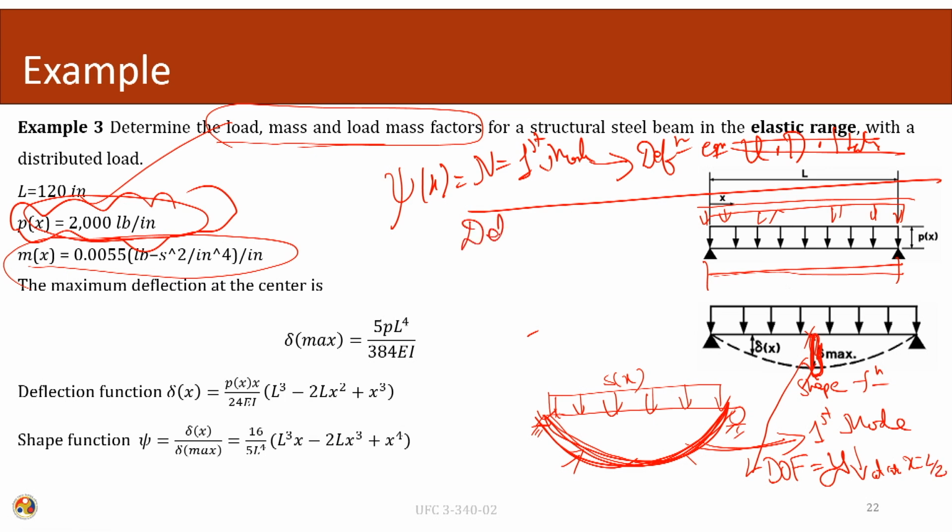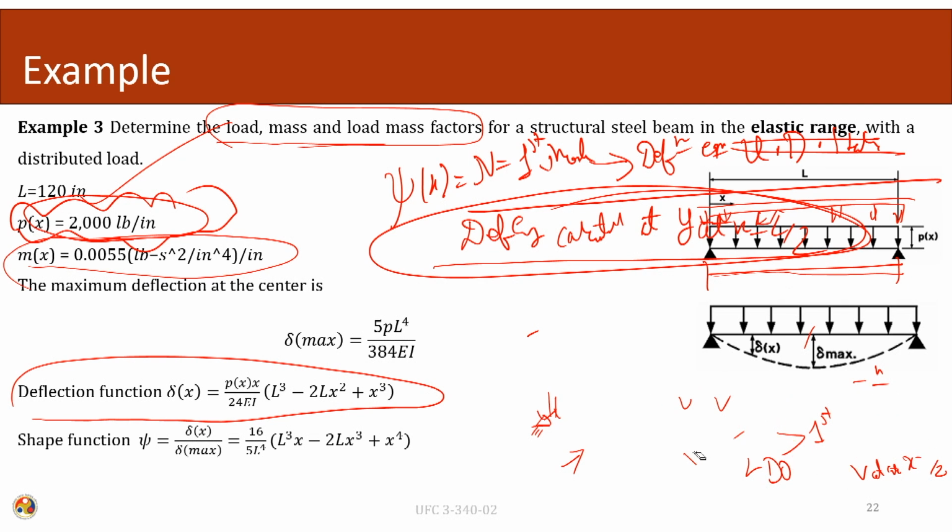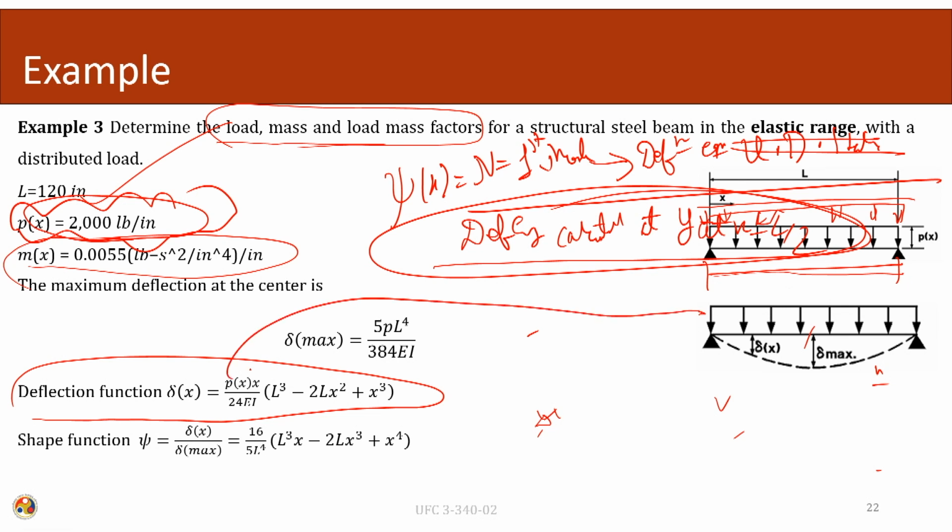Then this deflection equation is calculated at y equals y at x equals L over 2, the maximum deflection calculated at the center for this particular curve. So, this is my deflection function, the deflection function using an equivalent static load. I am deriving it by putting a uniformly distributed static load.